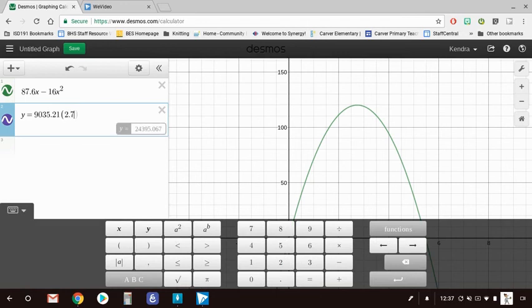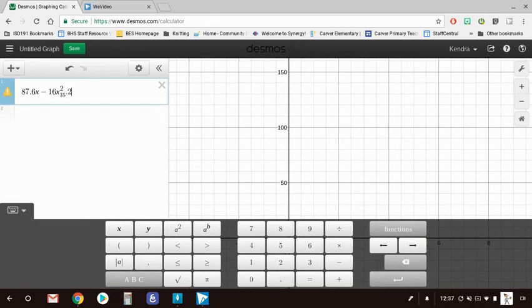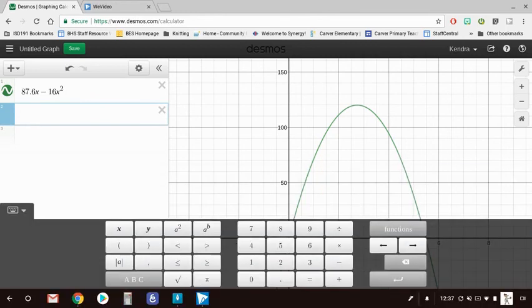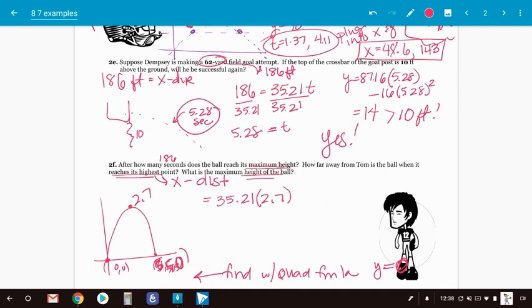So 95 feet away, approximately. So 2.7 seconds is one answer. 95 feet away is the other answer.